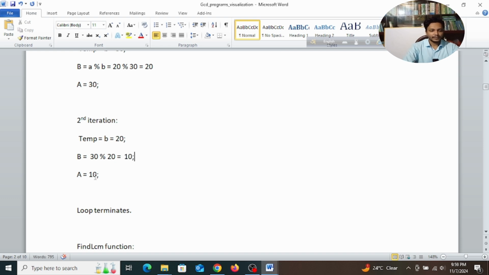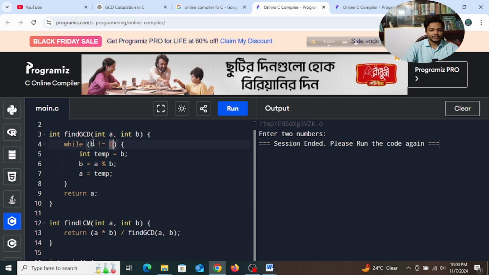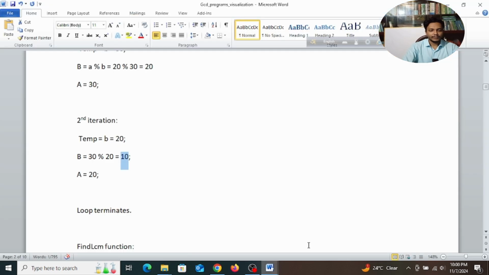So a is going to hold 20 here, because a holds temp. Now it will iterate again, because b is 10, and b is not 0. While b is not 0, it will come into the loop again. So we need a third iteration.